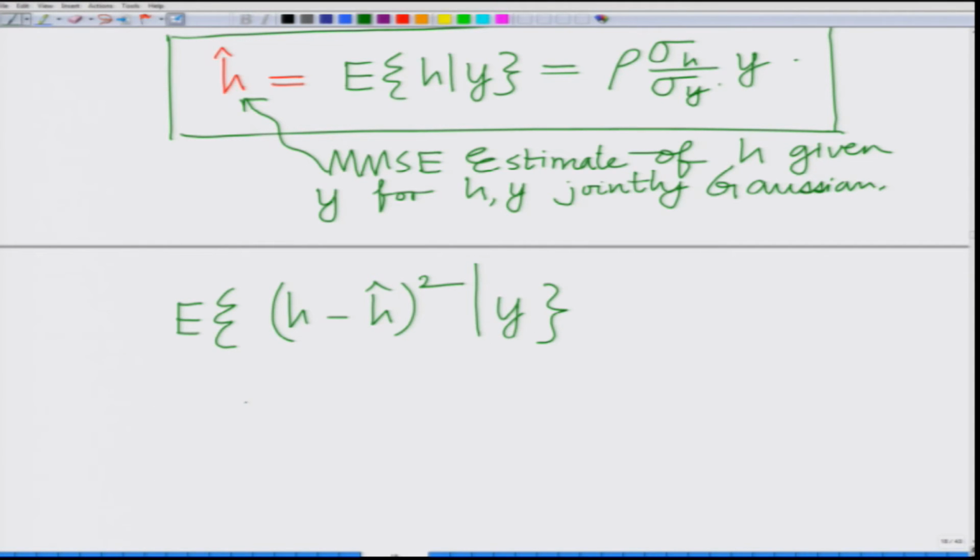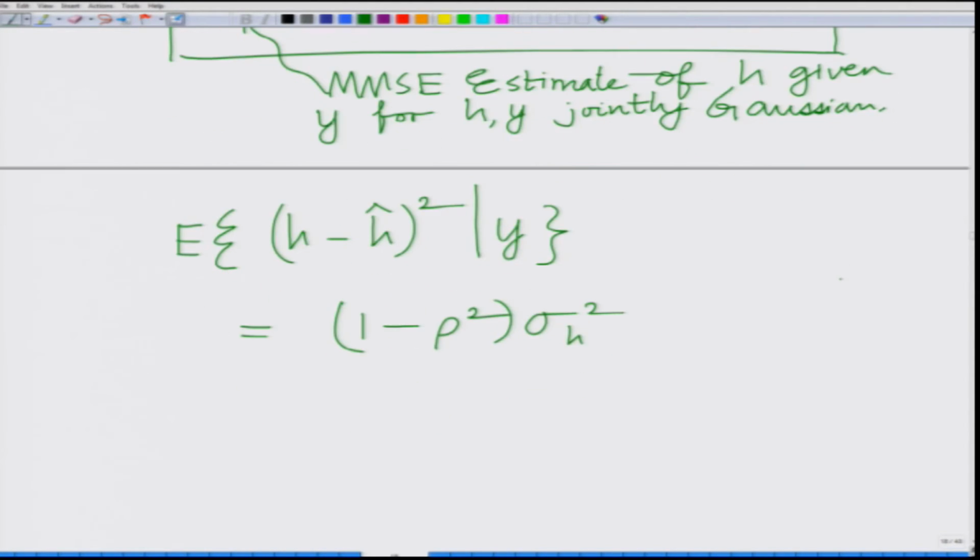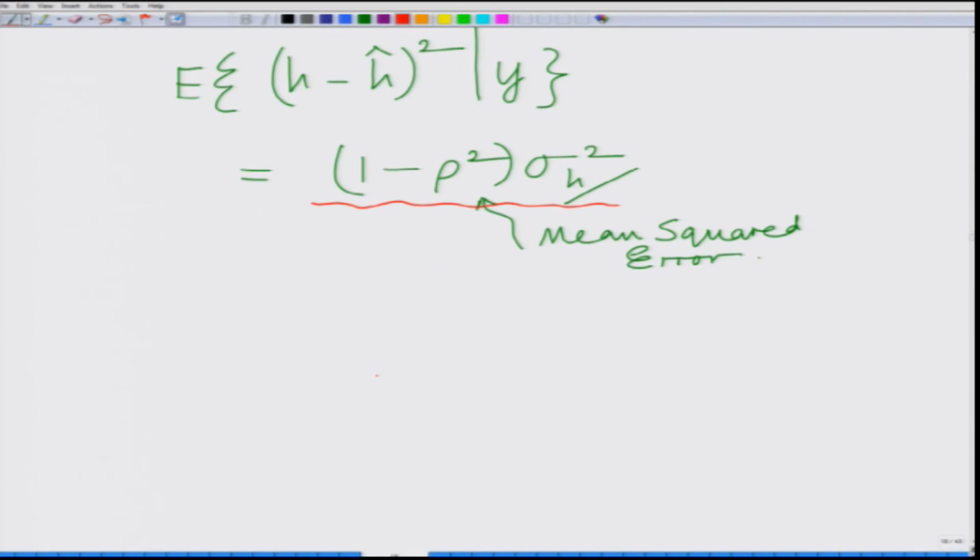And this quantity is 1 minus rho squared times sigma_h squared. This is the mean squared error, and something very interesting can be observed from it. What is the interesting thing? Consider two particular cases. So, let us write this as an interesting observation.